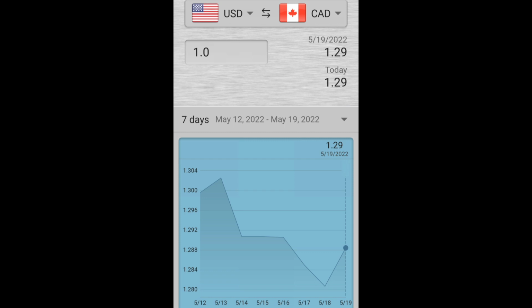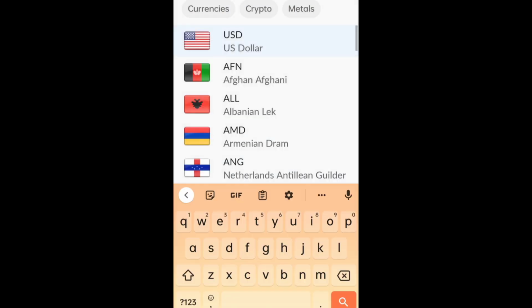And for May 19, 1 US dollar is equivalent to 1.290 Canadian dollar. That's a USD to CAD or Canadian dollar.